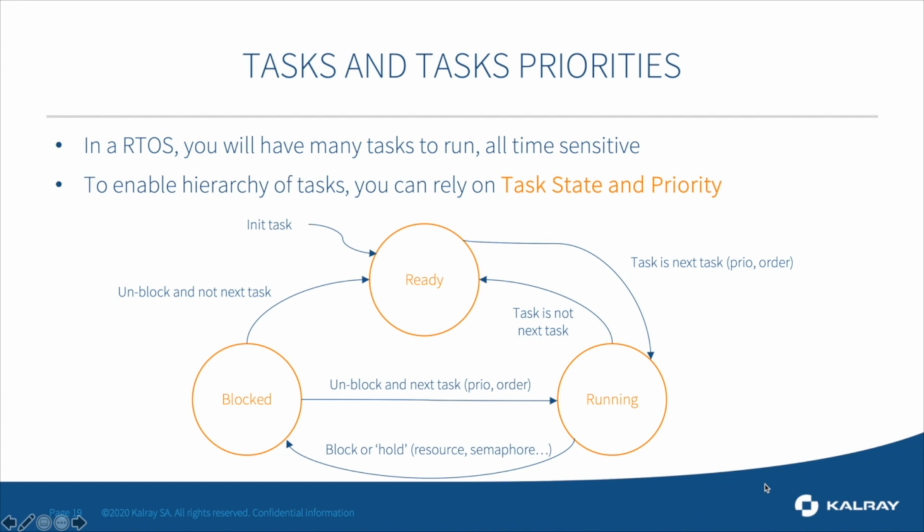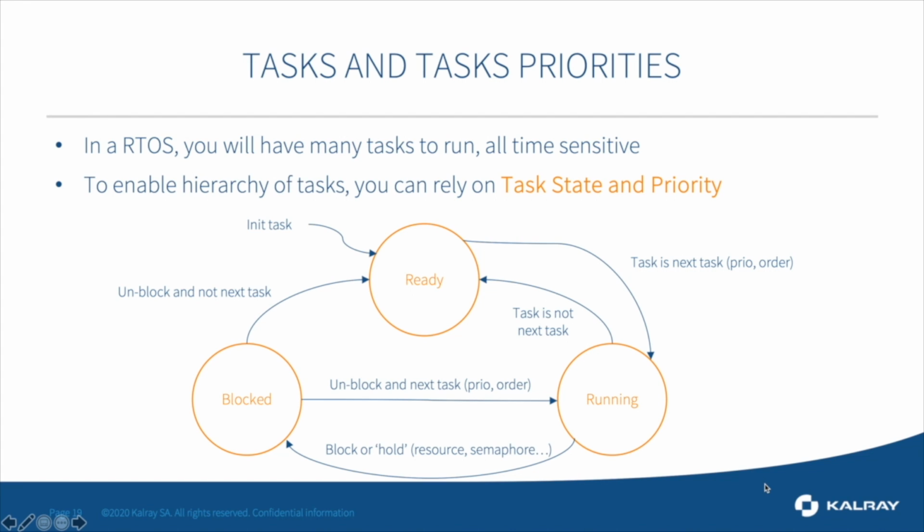You can finish it, or you can be interrupted, meaning that another task that may have a bigger priority can request the resource that you are using, take the place of your first task and become running in its turn, which means that your first task will be blocked and will wait for the next available slot.